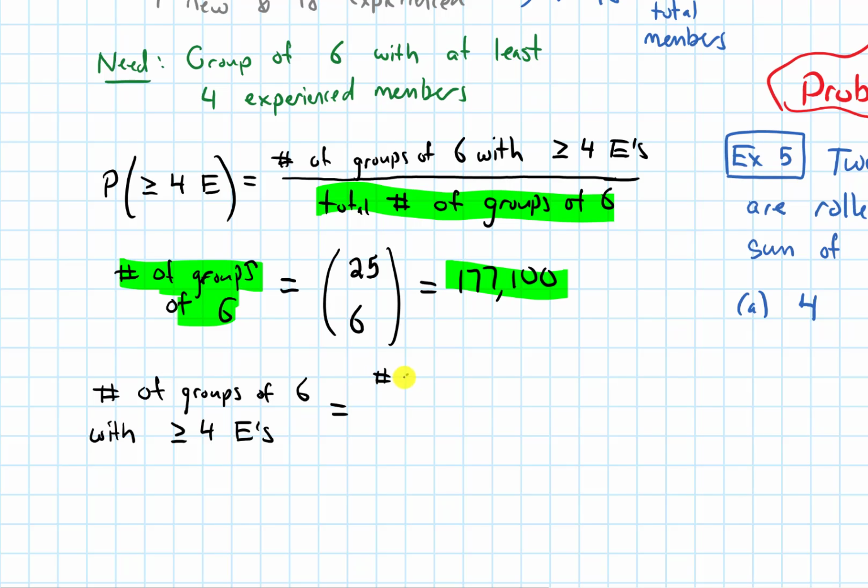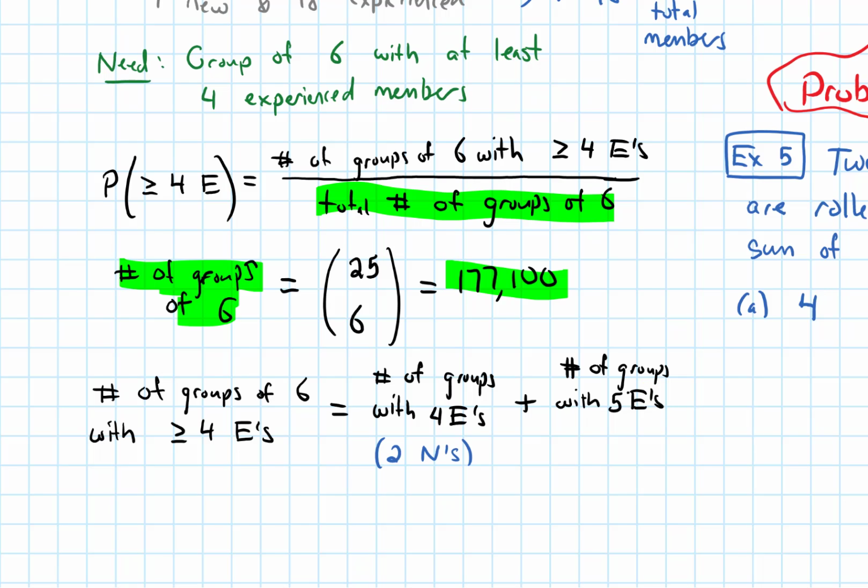So I need to count the number of groups with 4 E's. And if there's 4 experienced members, that means there also must be 2 new members. I'll write 2 N's to complete the group of 6. And then we're going to add that to the number of groups with 5 E's.